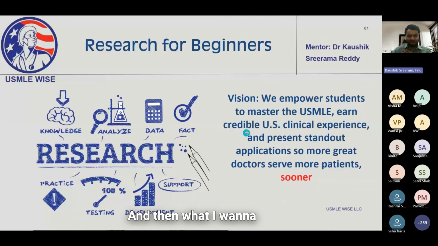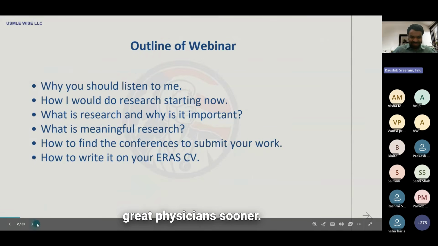And then we want to help you craft your application in a way so that you will not only become competent physicians in the US, I hope that you gain insight as to how research should be done from scratch. And with that, my goal is to make sure that you guys become great doctors and serve more patients sooner, right? Let's emphasize that I want you to become great physicians sooner.